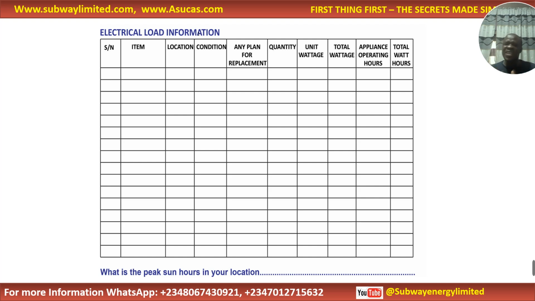The information is devoid of facts. If you don't present it on this table, I will not understand, and I can't design a system that will survive. So please, this thing is very simple. You can type this with your computer or write it by hand, but let it be legible so that I can see.